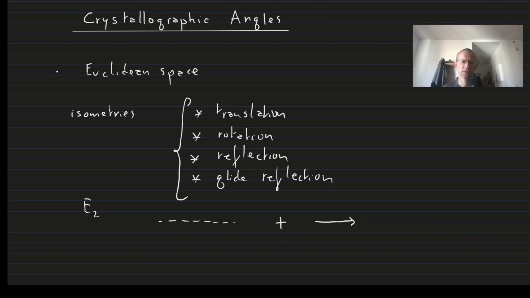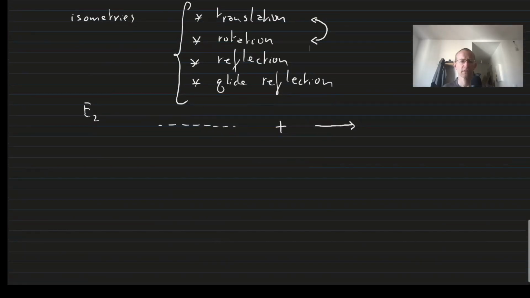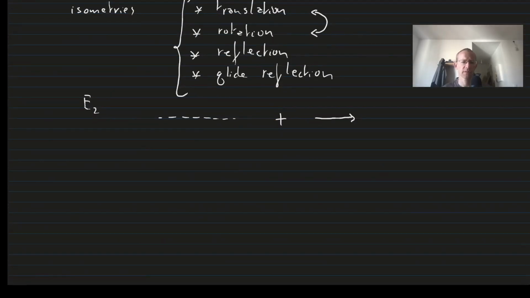And today we will in particular study how rotations and translations interact. So let's recall that these transformations can be written as a new coordinate x' depends on a matrix M times the old coordinate x plus a translation t.